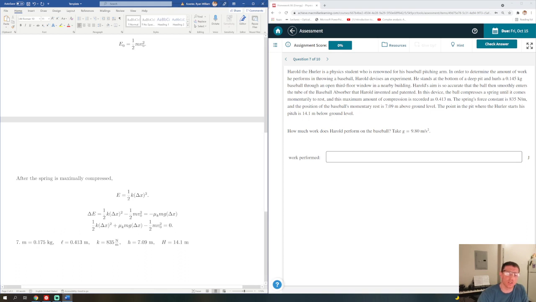So we have to kind of, let's see, how do I explain this? So the work that he does as he throws the ball, right? Let me put this in words in the document. The work that he does as he throws the ball gives the ball a change in kinetic energy.